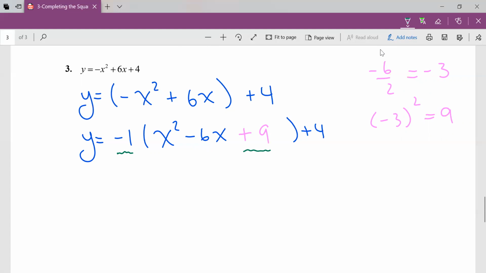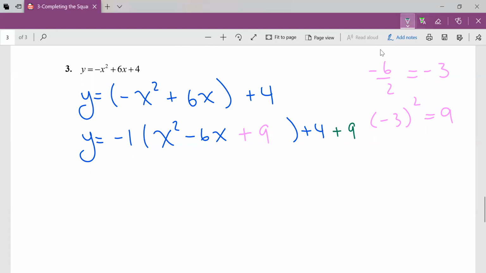So to balance, we're going to put a plus 9. Again, why is it a plus 9? Because we didn't add in just 9. We added in negative 1 times 9, so we really added in negative 9.